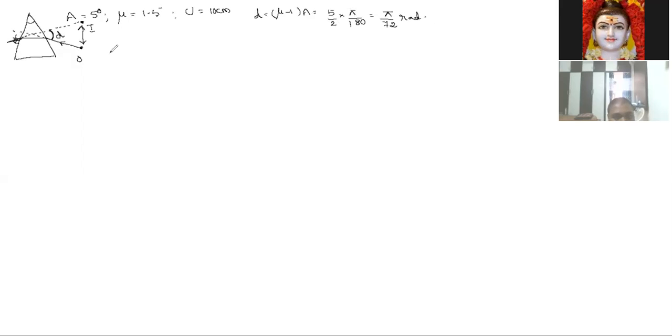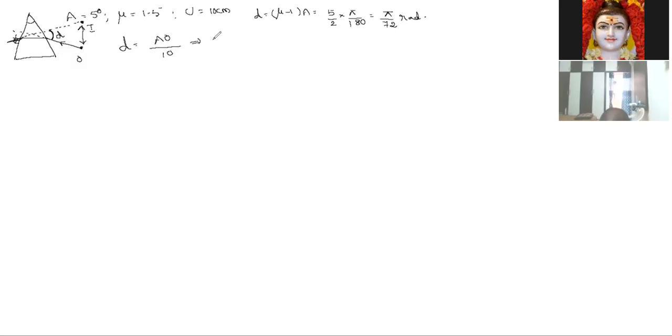Then simple, Nana. Here you consider it as one small sector. The angle of the sector, delta, equals arc by radius. The arc is AO, divided by the radius, which is the object distance from the prism, given as 10.